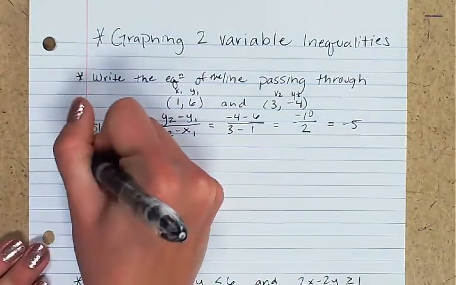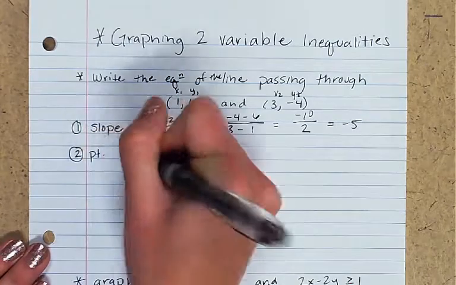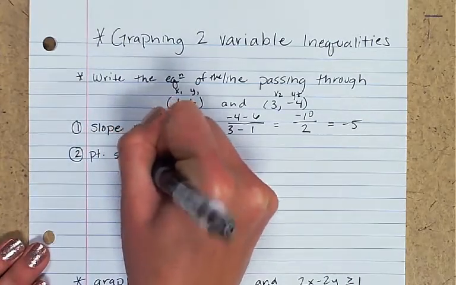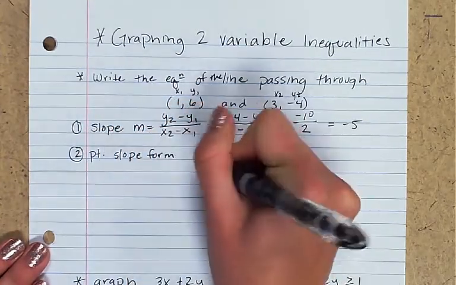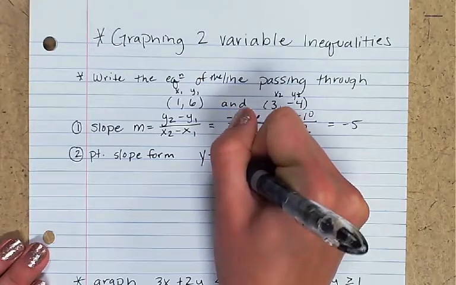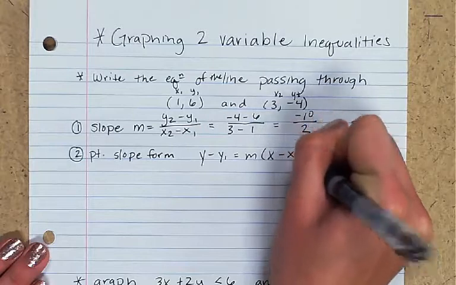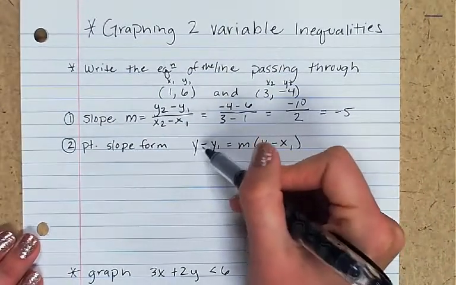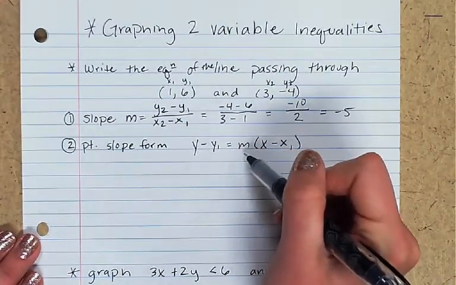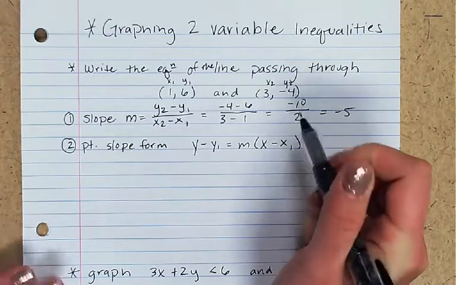The second thing that we need to do is use point slope form to help us get the equation of the line. And if you recall, it's y minus y1 equals m times x minus x1. So the way it works is it's y minus the y coordinate equals slope times x minus the x coordinate.